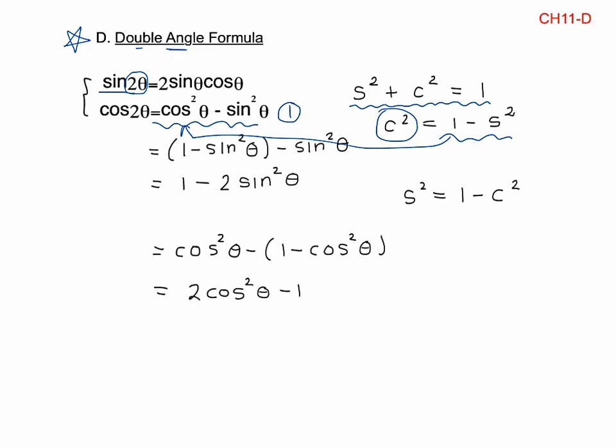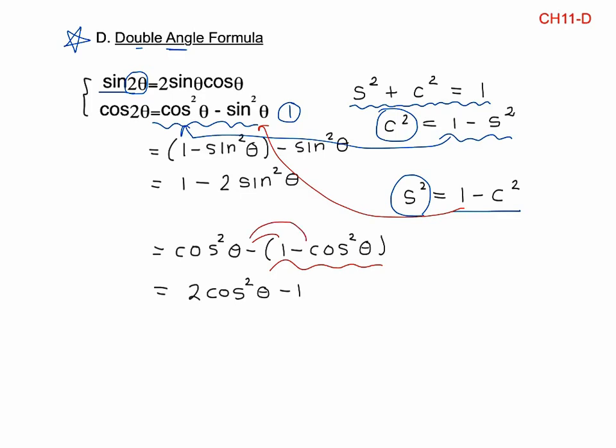Instead of solving for cosine squared on a trig identity, if you solve for sine squared, you would get 1 minus cosine squared. Plug this in to a sine squared, so you get cosine squared theta minus the whole 1 minus cosine squared theta. Because of the minus, you will have minus 1 and plus cosine squared theta.